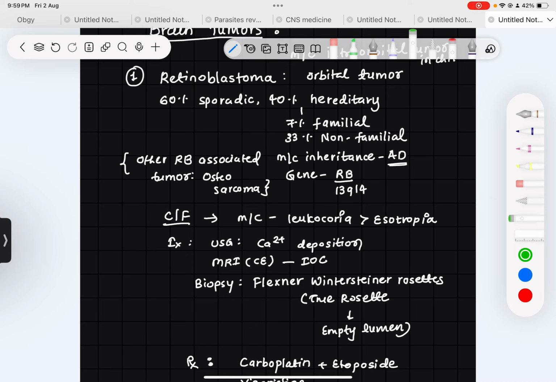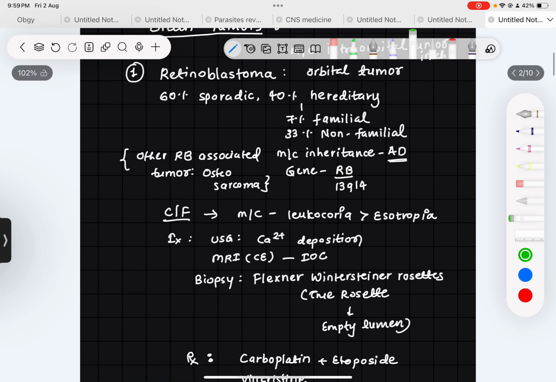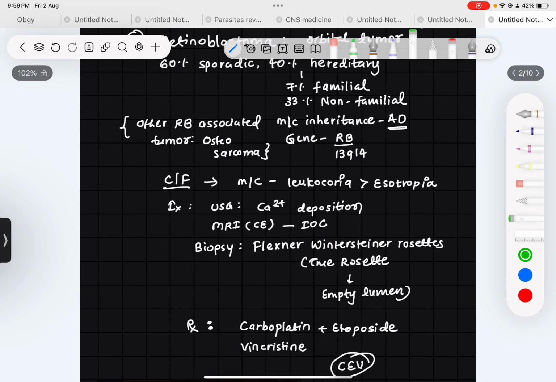So mostly for all CNS tumors the investigation of choice is going to be MRI. If we can see the biopsy, then it is best for any malignancy. So biopsy and MRI. MRI is the radiological investigation of choice, and biopsy will confirm the diagnosis.